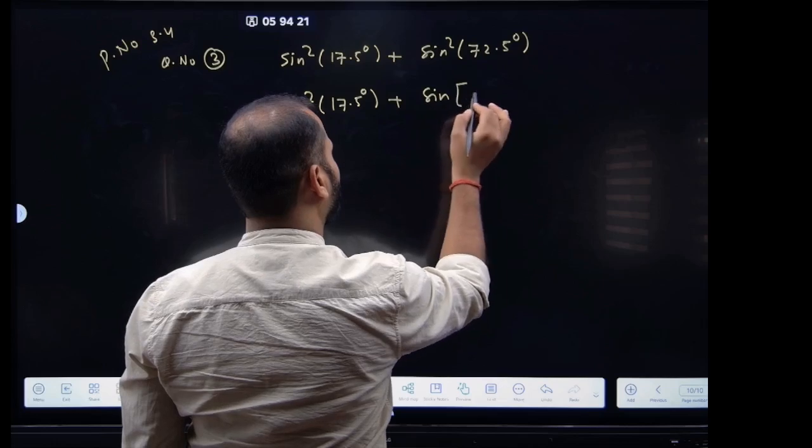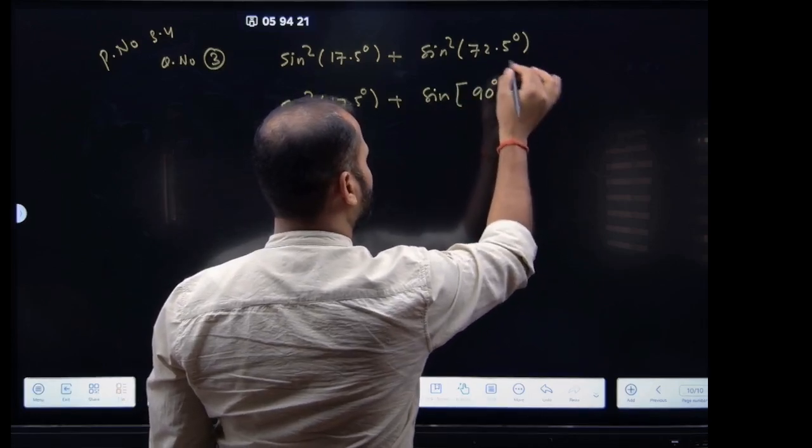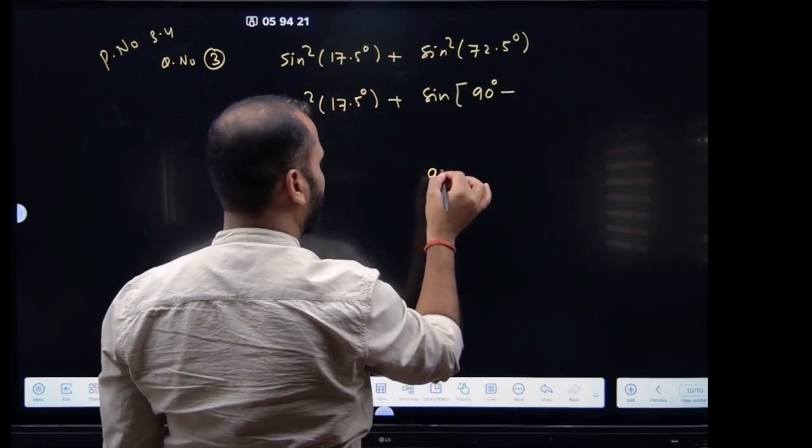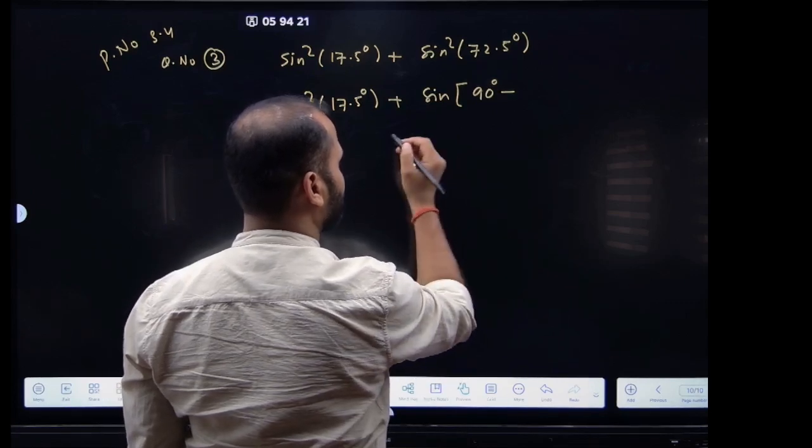Can I write like this, sin 90 degree minus, how much should I subtract? 72, no, 70, I want that much. So 90 minus, how much should I subtract? Just see.